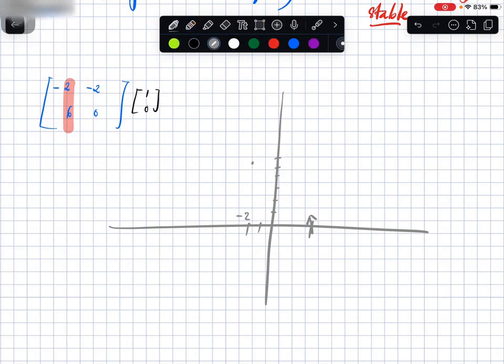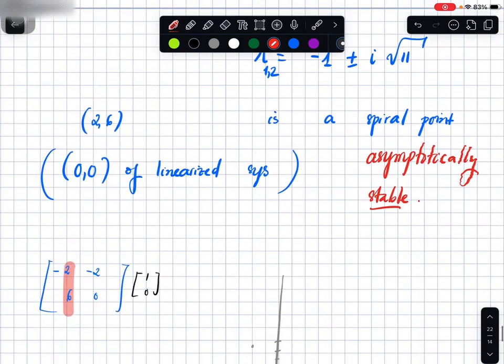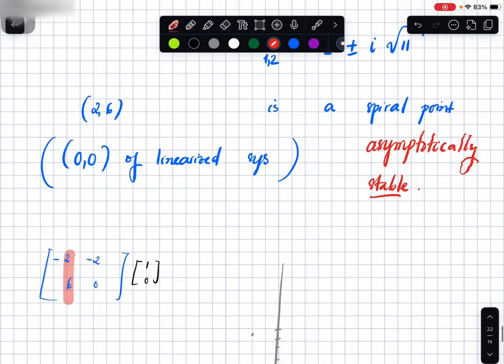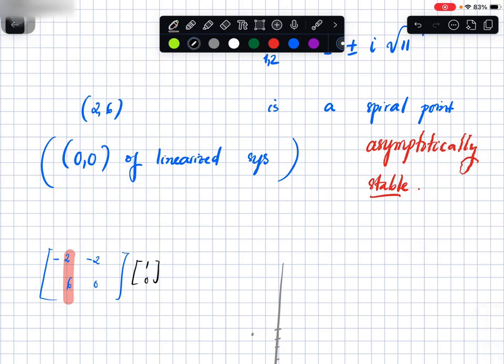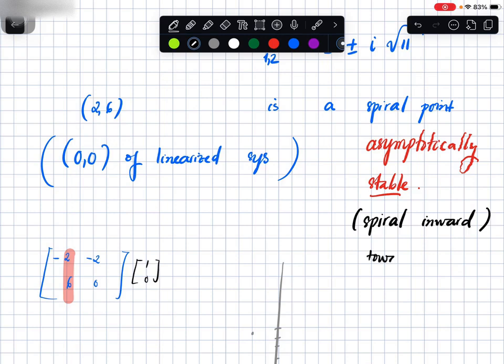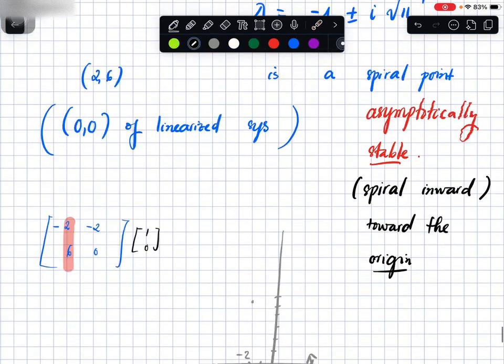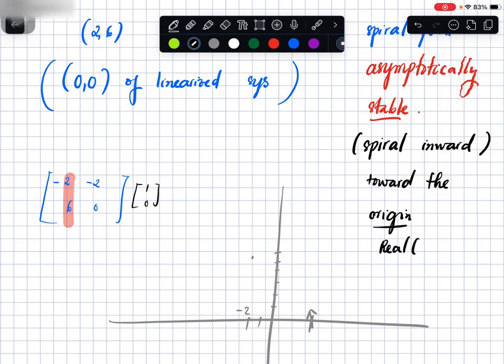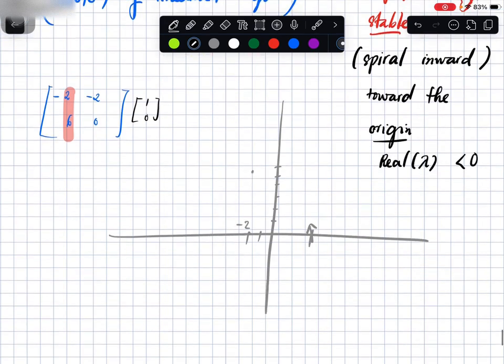So the spiraling would be, we know that it is a spiral point and asymptotically stable. Spiral inward to the origin, because the real part is negative. So we know that it spirals inward toward the origin.